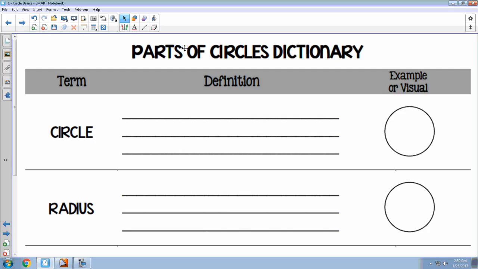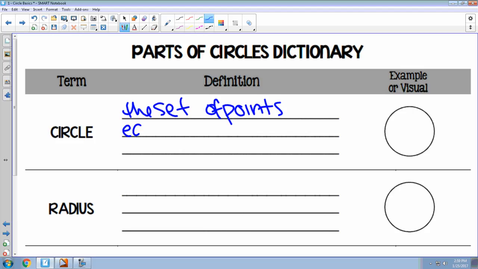Starting at the top. Feel free to pause this always if you need to catch up. Your first vocab word is circle. A circle is the set of points equidistant from a central point.